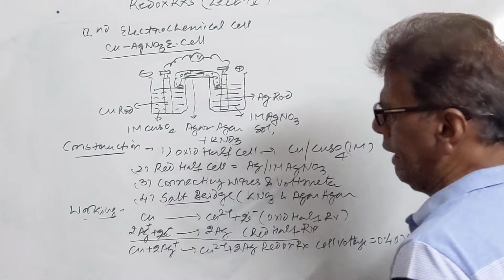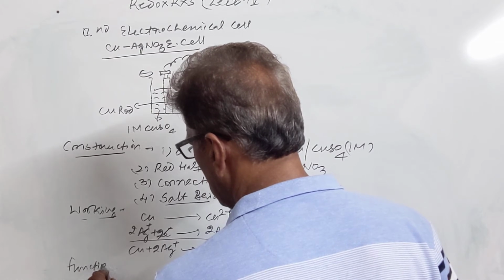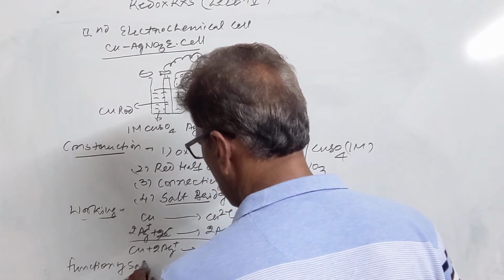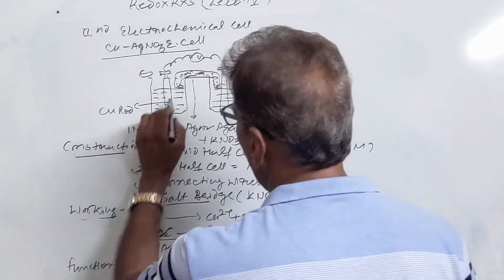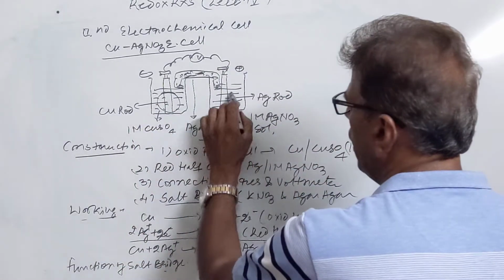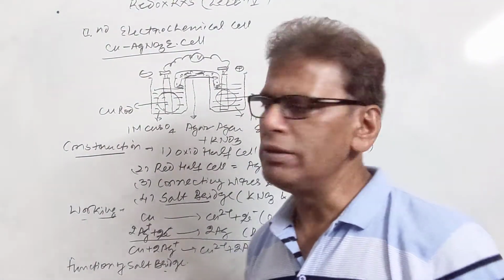Now in this case, function of salt bridge is the same. Because with the passage of time, the copper ion will accumulate around copper rod and nitrate ion will accumulate here. Now the role of salt bridge is there.